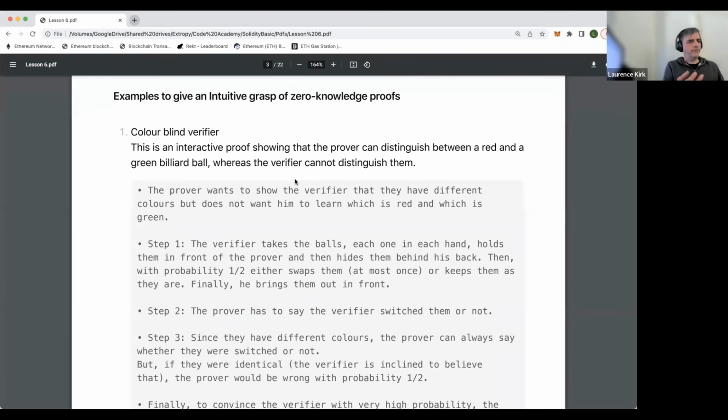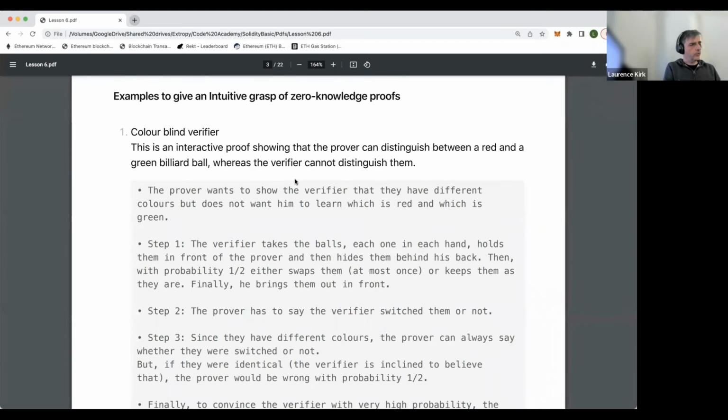Now, from the verifier point of view, they will probably not be convinced by this, because it could be down to chance that the prover could have guessed. It's a 50-50 chance whether they've been swapped or not. So the verifier may not believe that this shows that the prover does know a difference between these 2 balls.